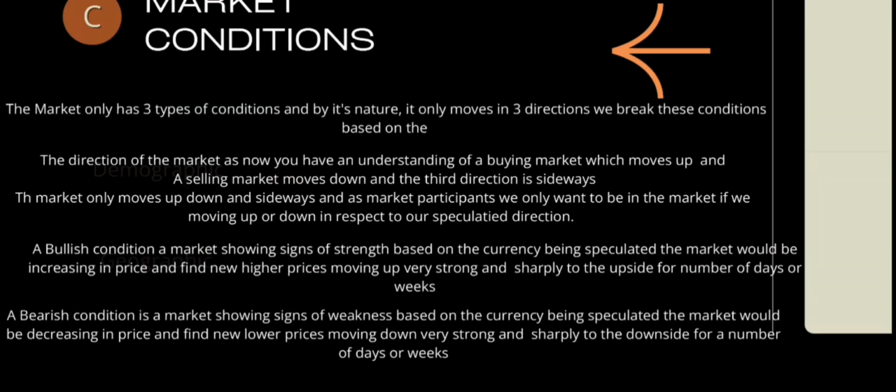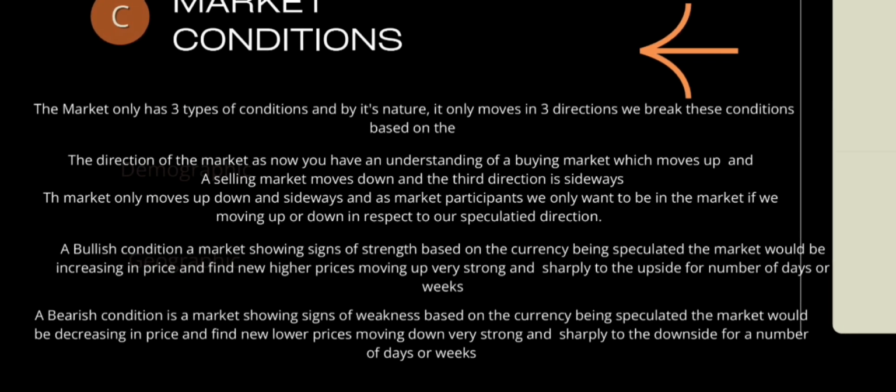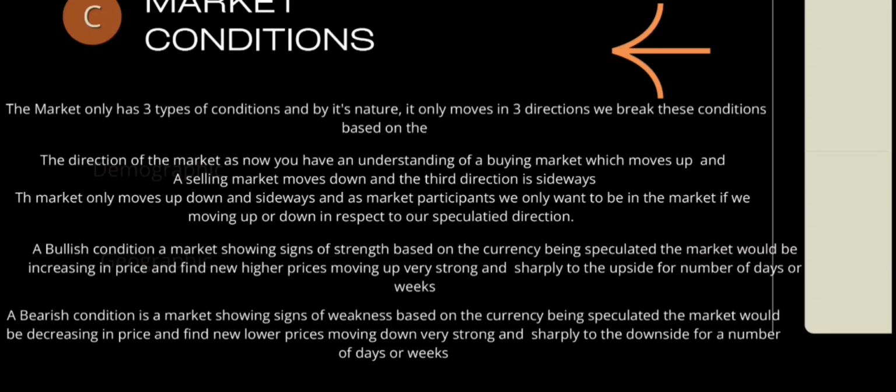So also a bearish market, just to make an example: at 8 o'clock in the morning, you would find that the price between euro and the dollar is $1.20. Then at 10 o'clock, it has just decreased to $1.15. In the afternoon, it's now trading at $1.09.